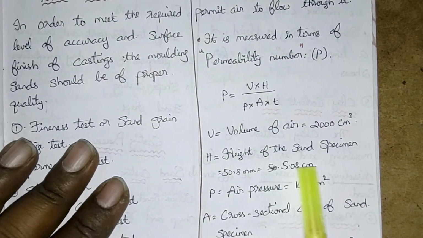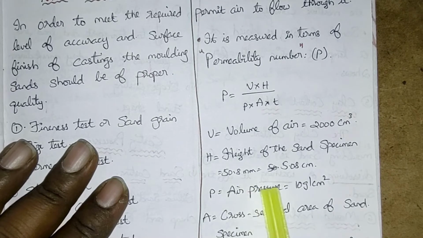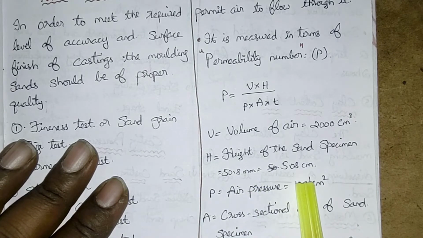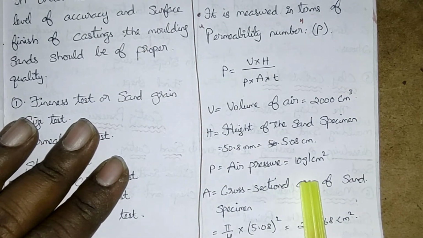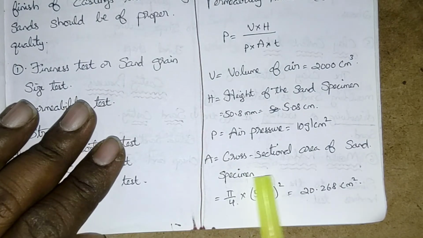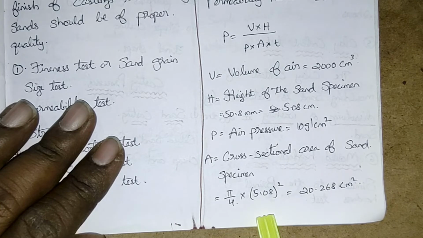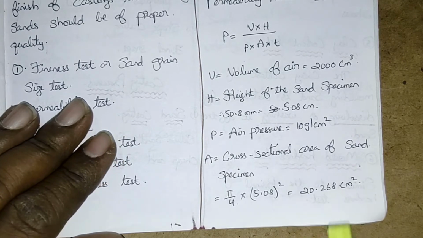H is the height of the sand specimen, that is 50.8 mm, or 5.08 centimeters. p is the air pressure, 10 grams per square centimeter. A is the cross sectional area of the sand specimen, that is pi by 4 into 5.08 squared, around 20.268 square centimeters.